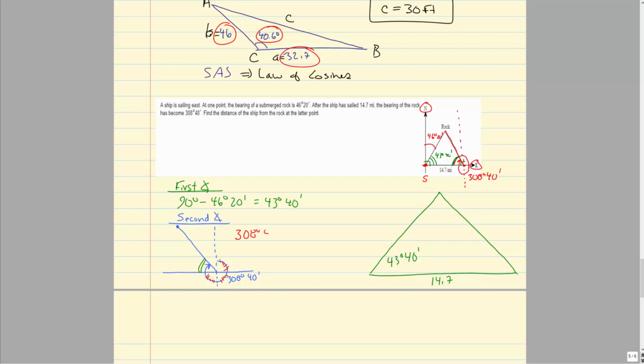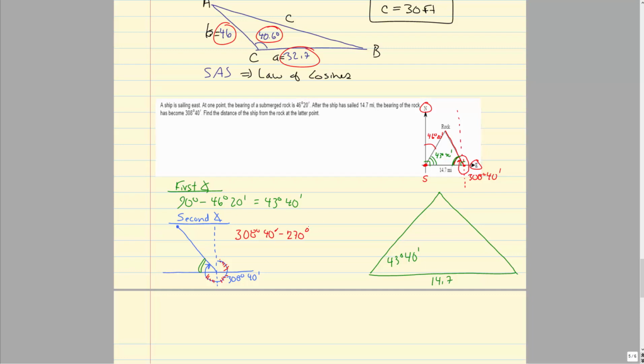308 degrees 40 minutes minus 270 degrees. Okay, so we have 308 degrees 40 minutes minus 270 degrees.